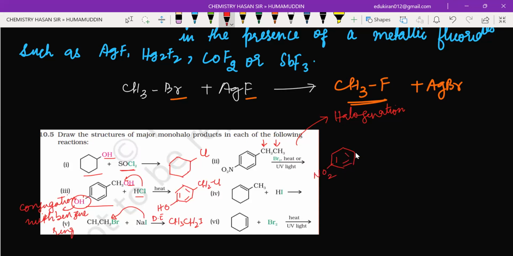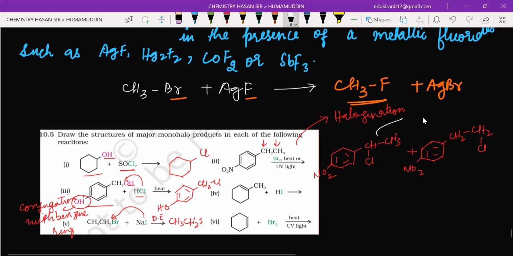NO2 is there, and you can replace one hydrogen from here and another for the other product. It will be like this and this. Here we always need to prepare the major product. This is your major product, the main product, and this is the minor product. You can see this is 2 degree and this is 1 degree.